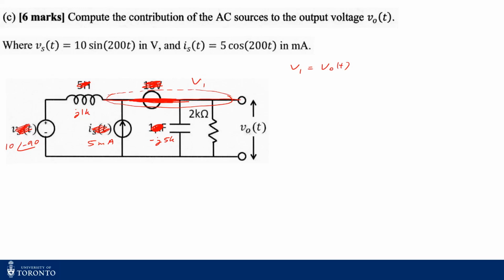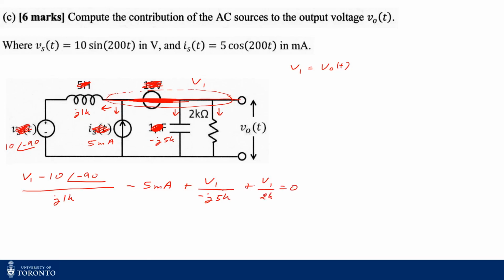Now, how to find the nodal voltage? I considered current going out from all the branches, so one current, two current, three current, four current. Let's write the nodal equations. It's V1 minus 10 angle minus 90 divided by j1k, then minus 5 milliamps, plus V1 by minus j5k, plus V1 by 2k should be equal to 0.